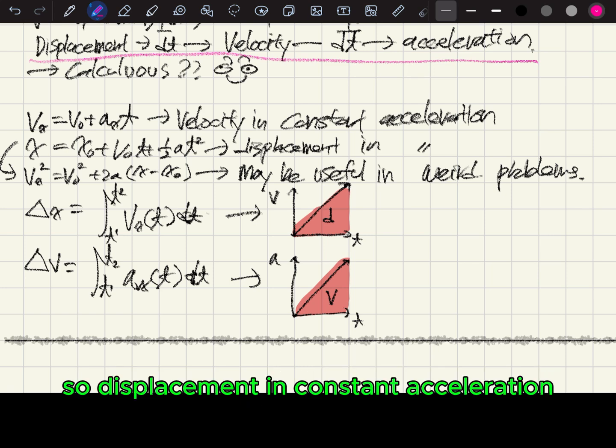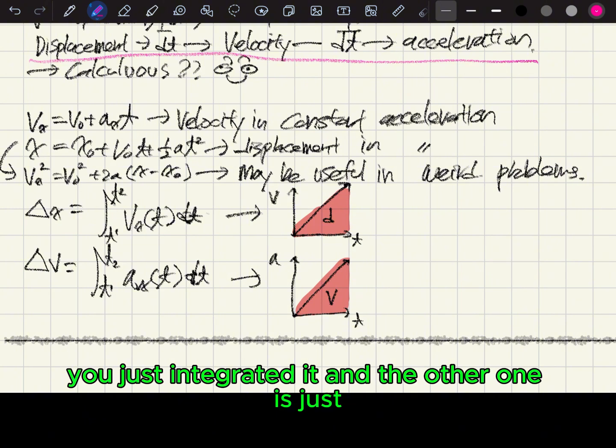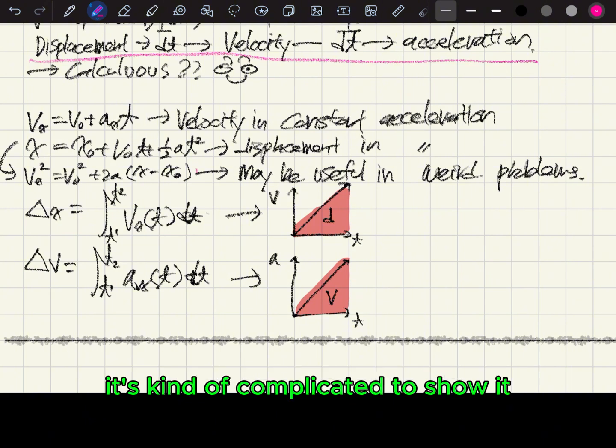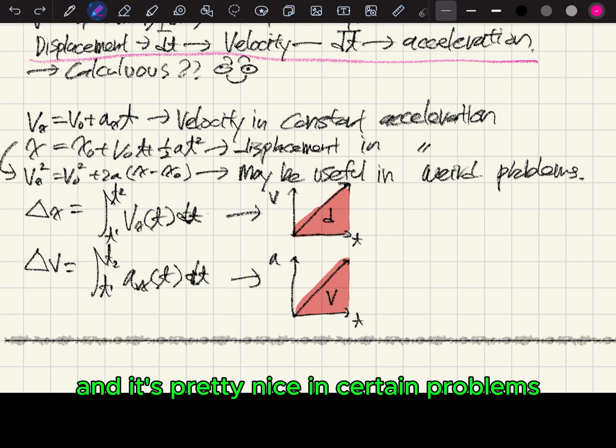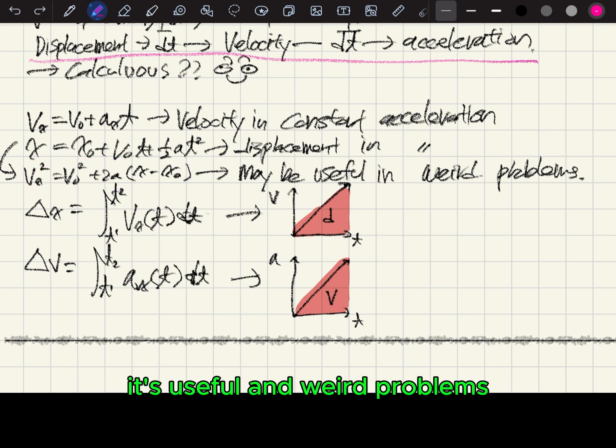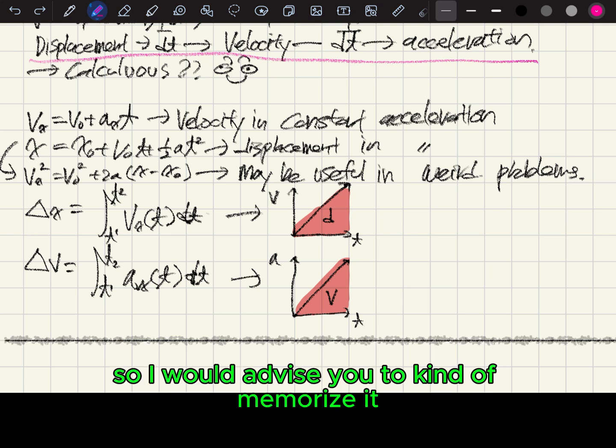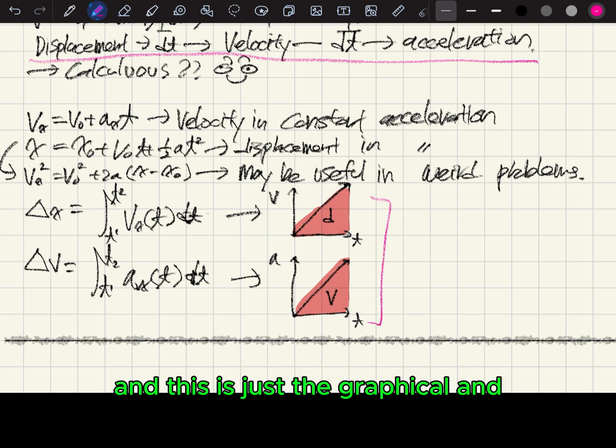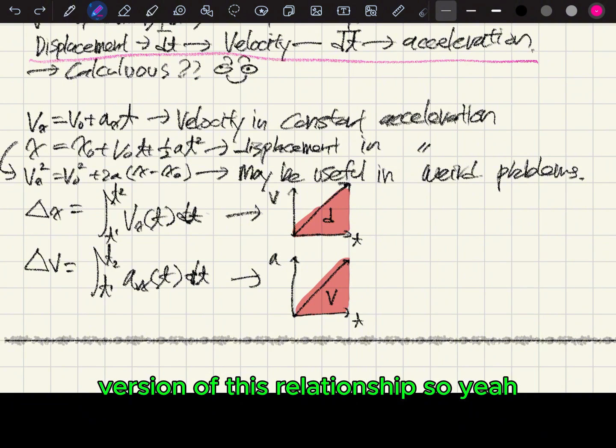So displacement in constant acceleration, you just integrated it. And the other one is kind of complicated to show, and it's pretty nice in certain problems. It's useful in weird problems, so I would advise you to memorize it. And this is just the graphical and calculus related version of this relationship.